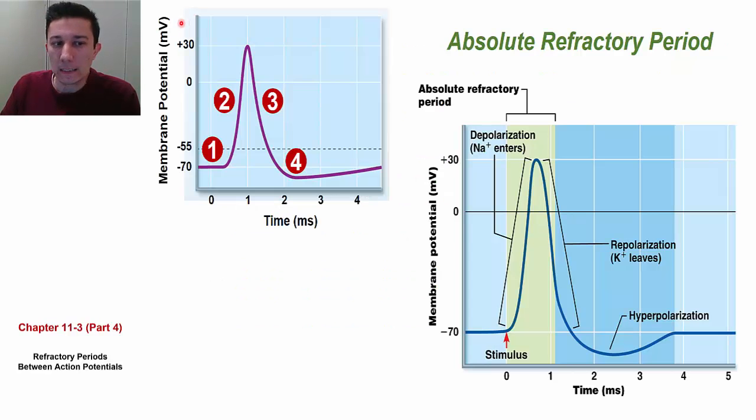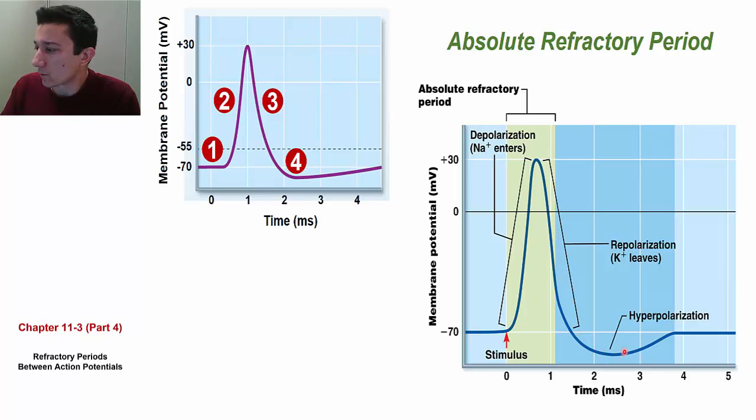So we'll start with the absolute refractory period, and on our graph of the uphill and downhill part of the action potential, recall that the uphill part is called a depolarization, when sodium enters the cell. The downhill part is called a repolarization, when potassium is leaving the cell, taking positive charge with it.